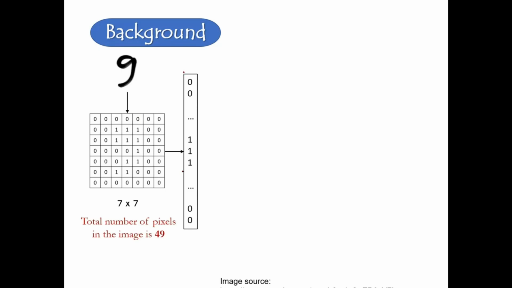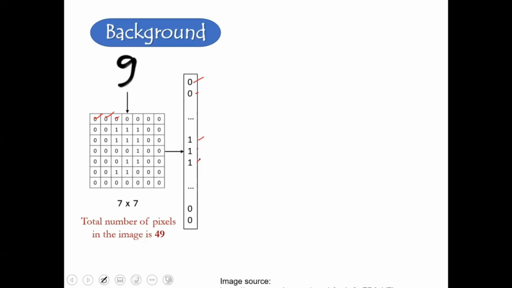We have to make it a vector, because ANNs can't process matrices. They have to read input as a one-dimensional vector, right? So we have to convert it into a one-dimensional vector, and each pixel will be one input node here.